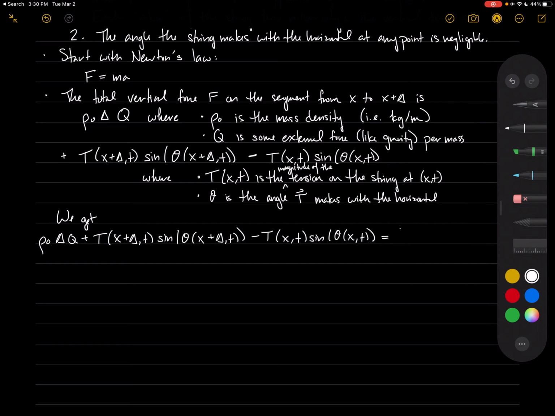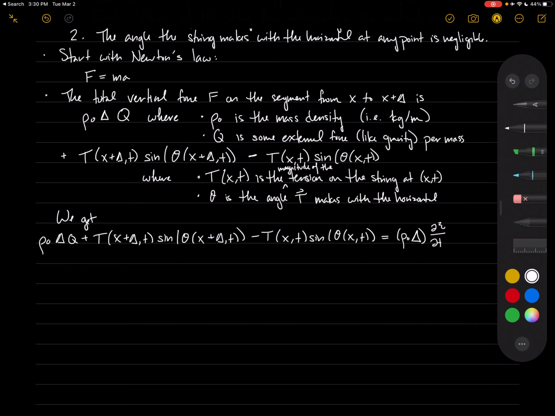The mass of our little segment is this mass density times the length. And the acceleration we're going to write in terms of the vertical. I'm going to stick with the notation that the book uses, which is not to use what you would expect for the vertical, something like y. We're going to use u instead of y.